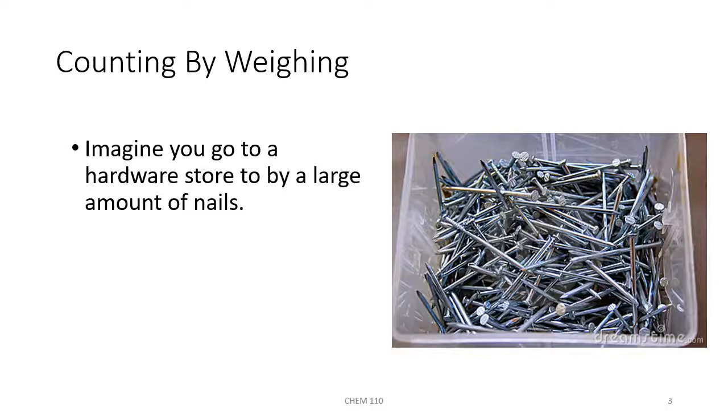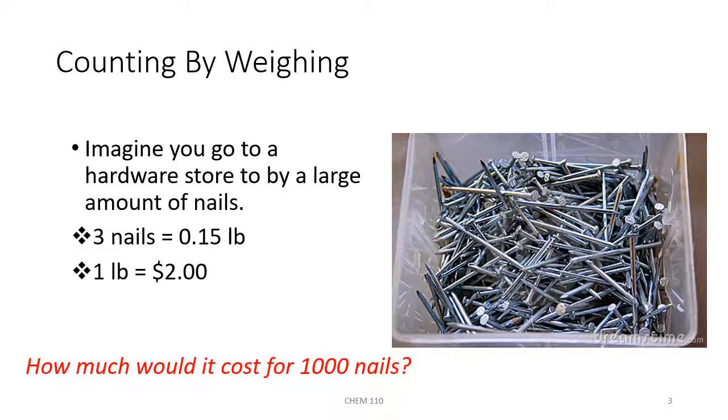An analogy to this is, imagine if you had to do a project and you needed a large amount of nails. If you went into a hardware store, you wouldn't simply count out 1,000 nails. That would be a lot of work. Just like we can't go into the lab and count out 1,000 atoms of carbon. But we can take a mass and figure out how much we need to weigh out to get 1,000 atoms.